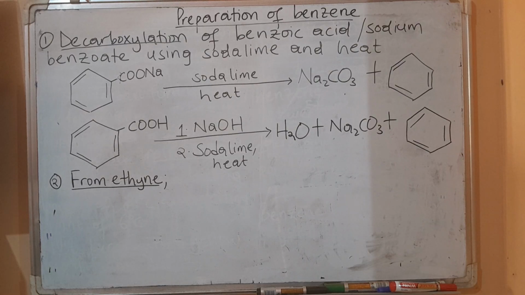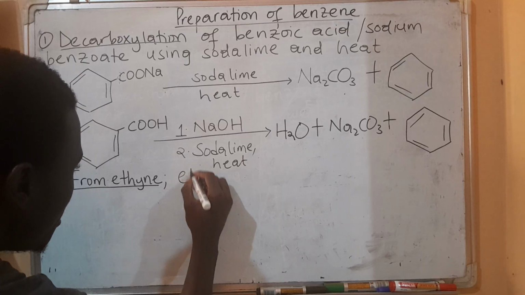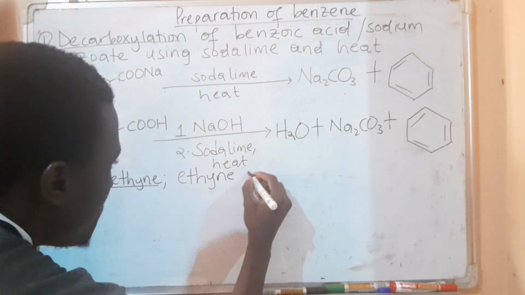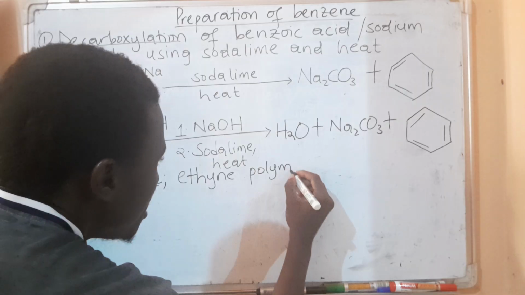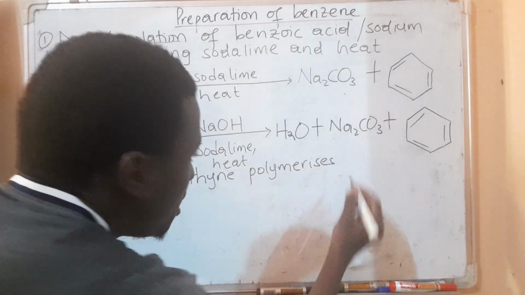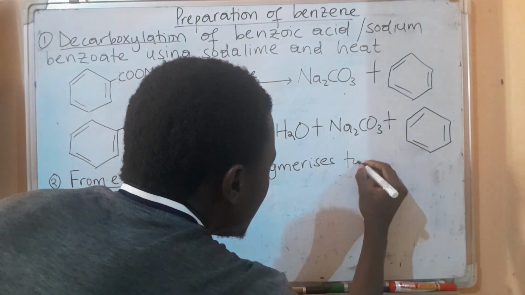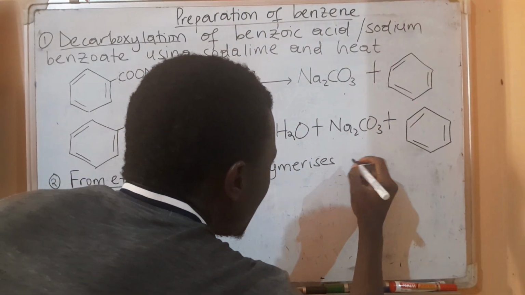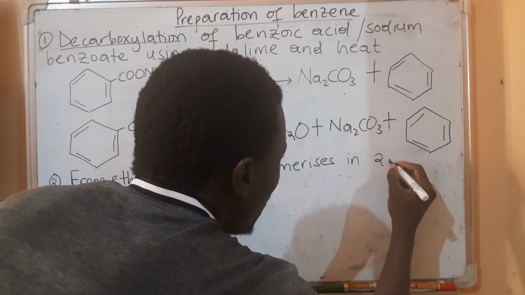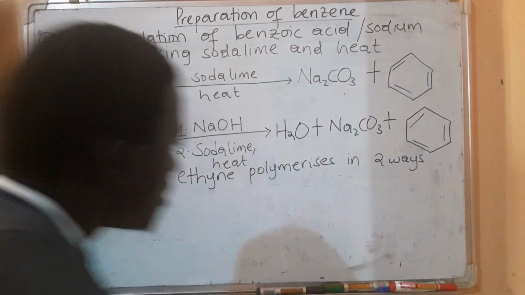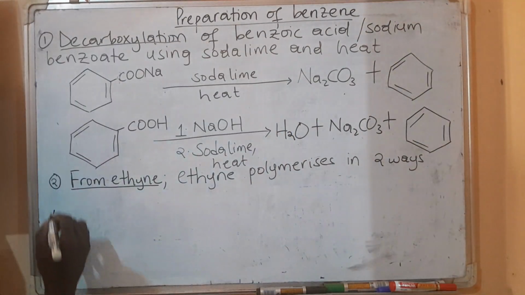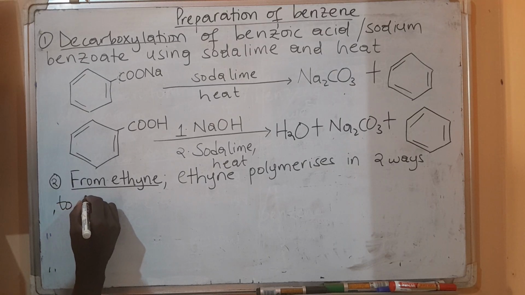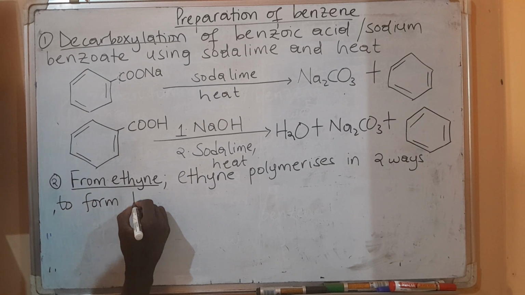Then our next reaction is from ethane. To synthesize benzene from ethane, ethane polymerizes in two ways to form benzene.